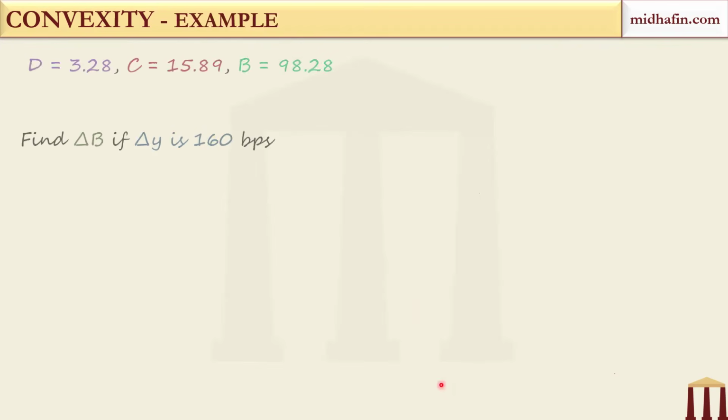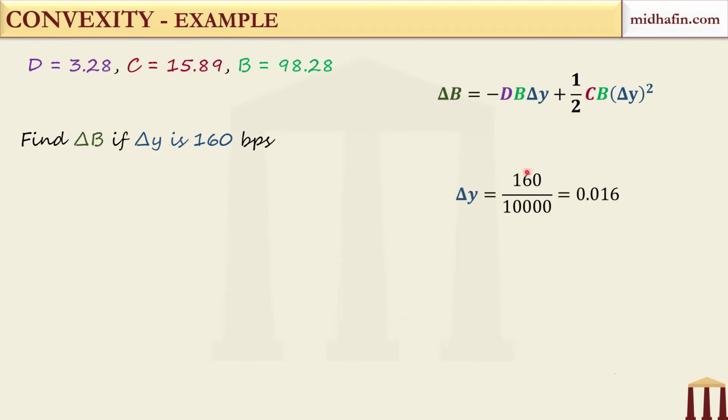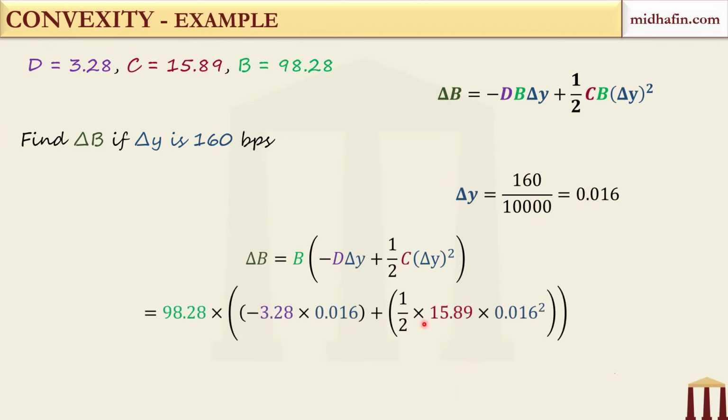So let's say if these parameters are given to you, you just have to find out the change in bond price. And 160 basis points means 0.016, as I told you, divided by 10,000. So delta B is equal to this much, which is equal to this much. If you calculate it, you will get around negative 4.95.